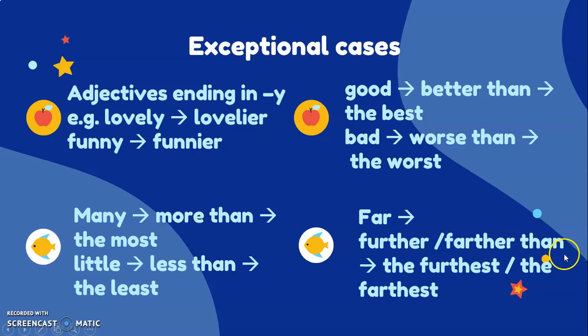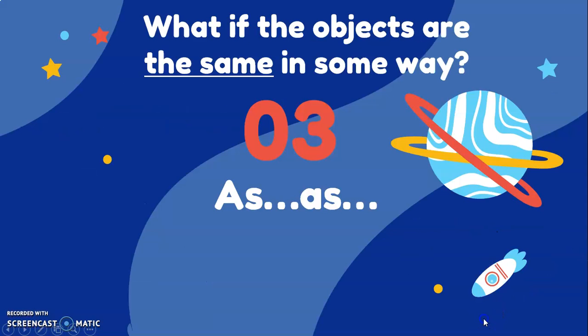Far, farther than, and then the superlative form will be the farthest. The farthest. As you can see here, I don't know why, but we have to add the letter H here as well. So please make sure that you check the spelling, and remember it's farther, not father, your dad. So there's also an R here. Please don't forget the R.